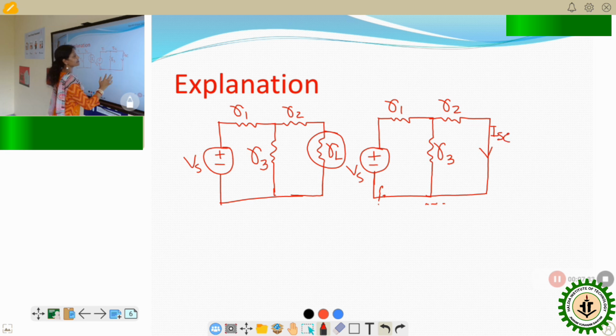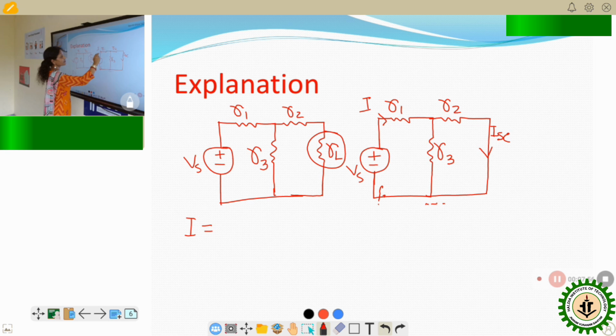Now after short circuiting it, calculate ISC or IN. That ISC is nothing but IN. So before calculating ISC, calculate the total current flowing through this circuit. So first calculate I. So I is equal to what? We know Ohm's law. I is equal to V upon R. V means Vs and R means the equivalent resistor. So what will be the equivalent resistor?